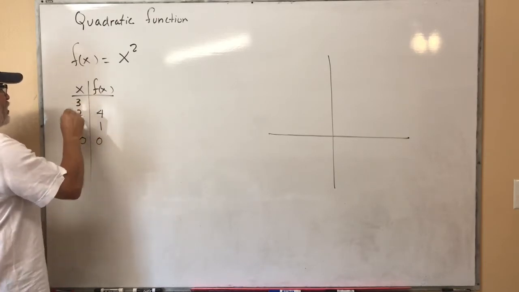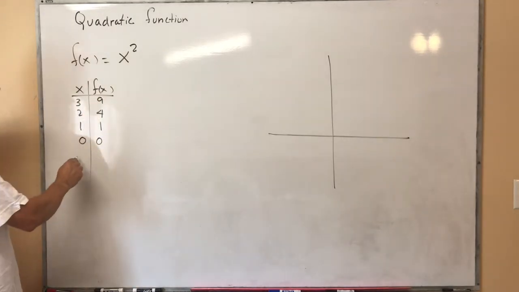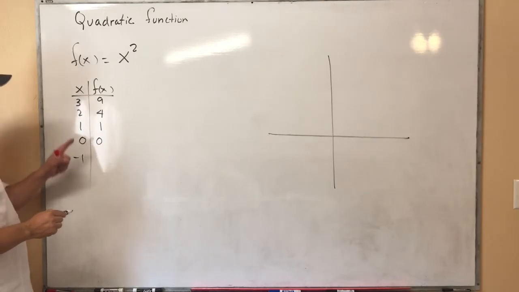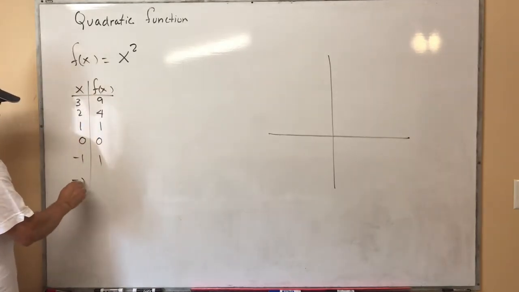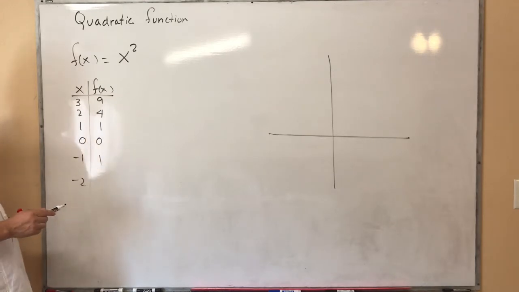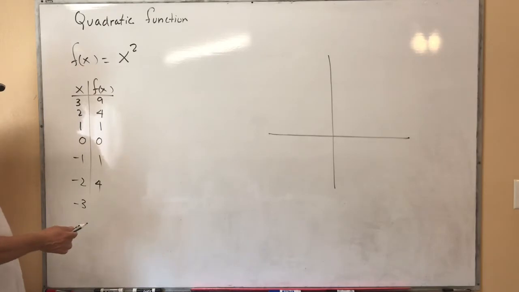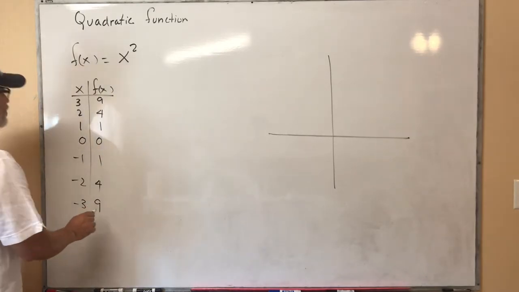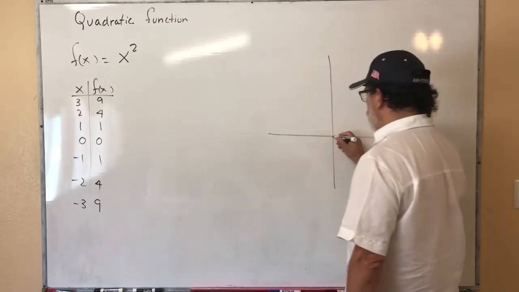If x is 3, what's 3 squared? 9. How about if x is negative 1? What's negative 1 quantity squared? 1. What's negative 2 quantity squared? 4. What's negative 3 quantity squared? 9.